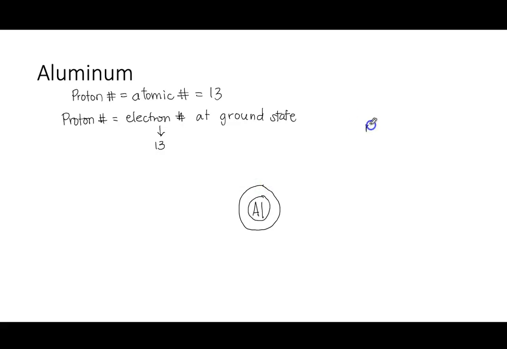Remember n equals 1 has a maximum of 2 electrons. I have 13. So right now I got 1 and I have 2. For n equals 1, I have 2 electrons, but I need 13. So let's go to energy level number 2. We know that's a maximum of 8, so let's go.